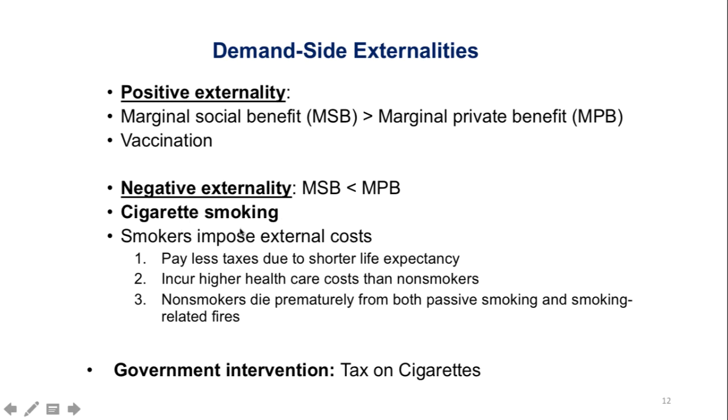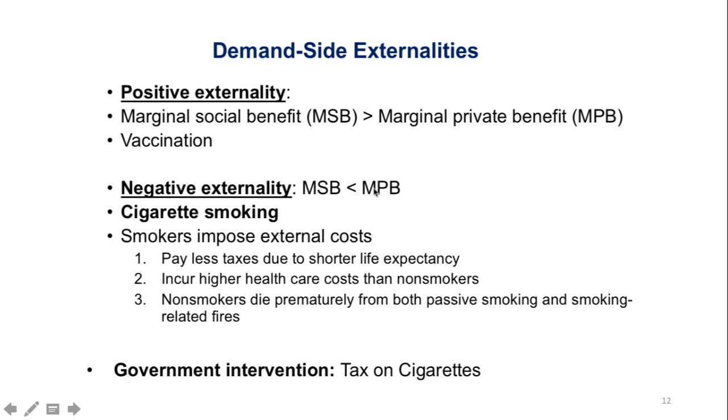When I'm deciding about smoking cigarettes, I'm just looking at my marginal private benefit, and I decide how many packs of cigarettes to smoke based on my enjoyment of the cigarette.